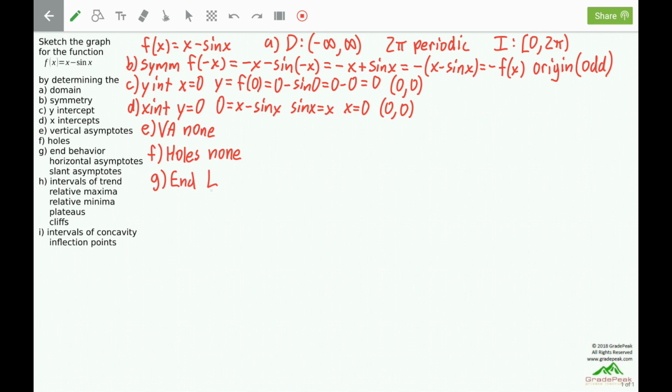We can determine the left end behavior by taking the limit as x approaches negative infinity of the function. Only the highest power term will matter here. Sine x is an oscillating function, so only the x will matter. Plugging negative infinity in will give negative infinity.